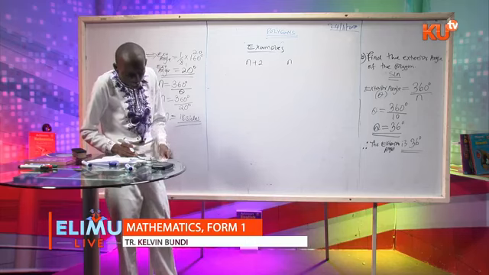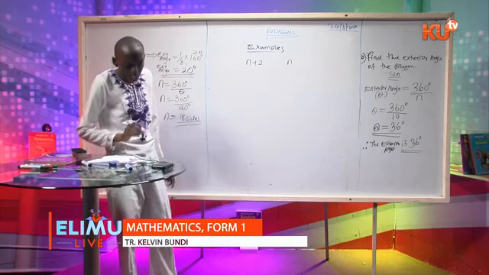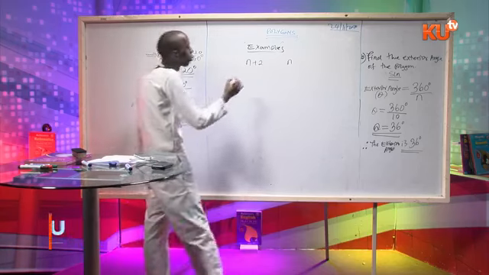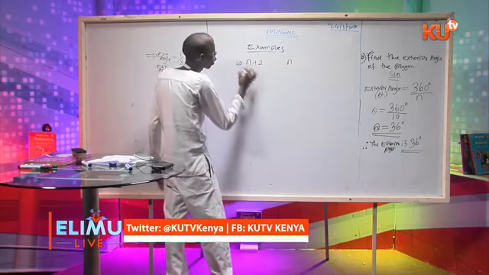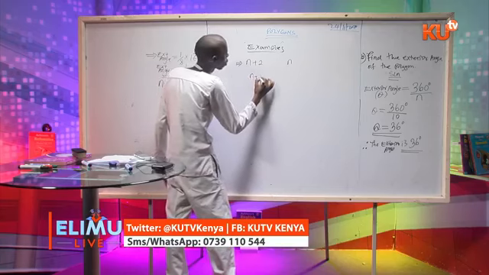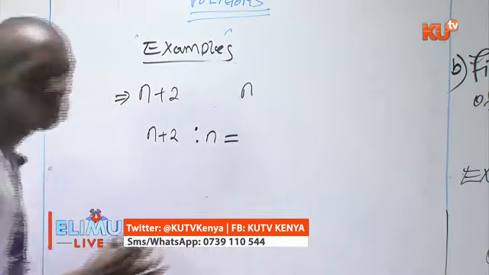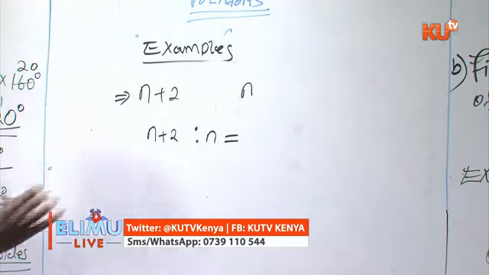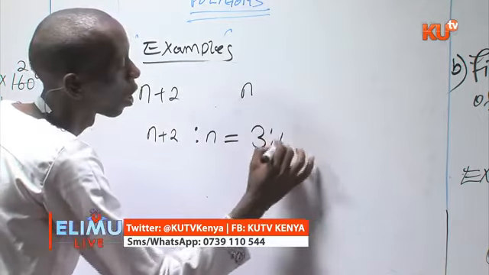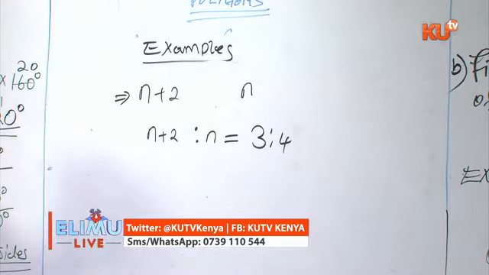The sum of interior angles of two regular polygons is n plus 2 and n in the ratio 3:4. So in this question, n plus 2 is to n is equal to 3:4.